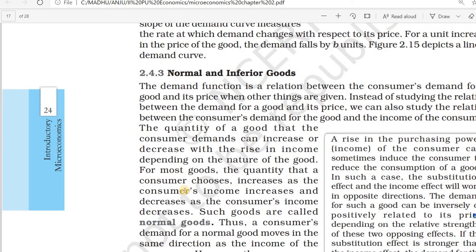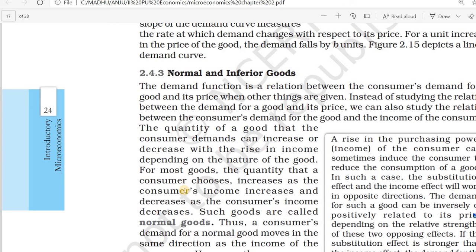Okay, the demand function, we know what a demand function is. It is a relationship between consumer demand and the price of goods. Then when consumer income increases, earlier your income was 100 rupees, now it became 1000 rupees, means now you can purchase for 1000 rupees.